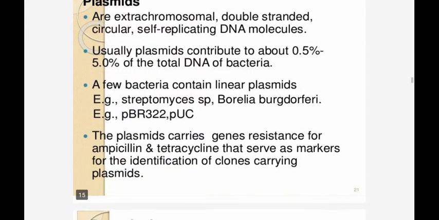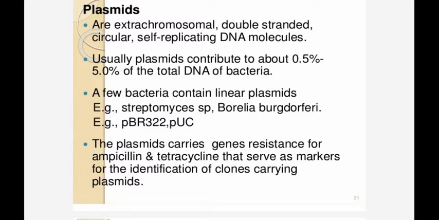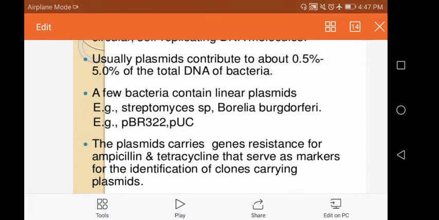Next, plasmids. These are extrachromosomal, double-stranded, circular, self-replicating DNA molecules. Usually, plasmids contribute about 0.5 to 5% of the total DNA of bacteria. A few bacteria contain linear plasmids, for example, Streptomyces species and Borrelia.